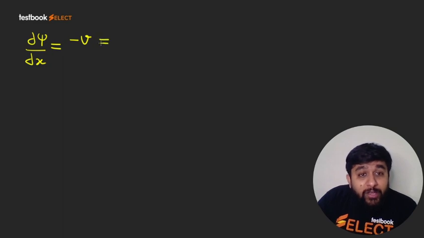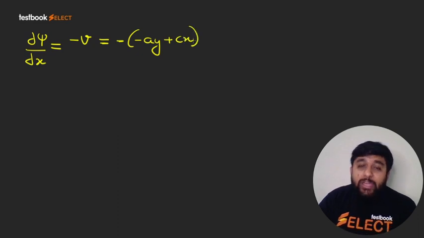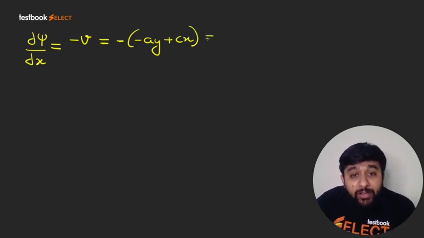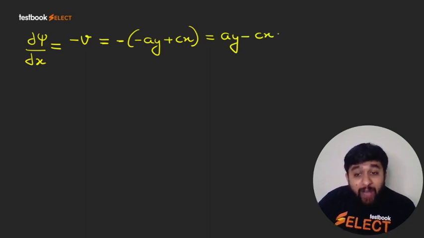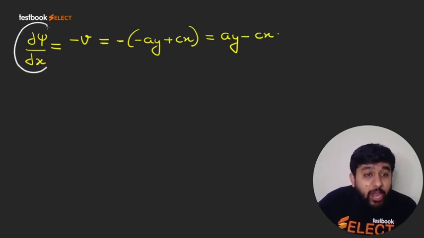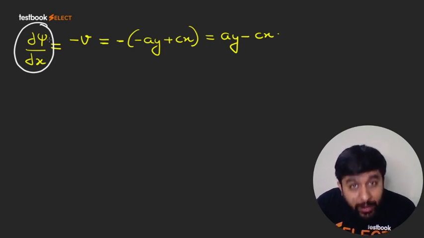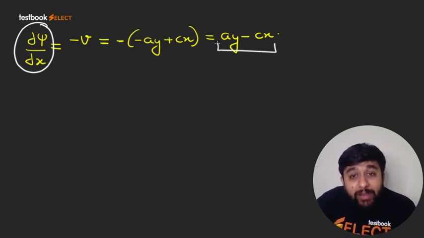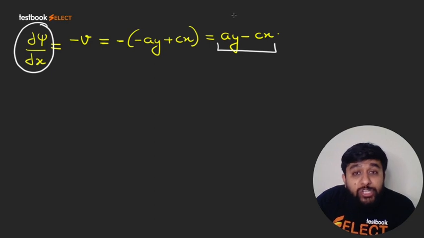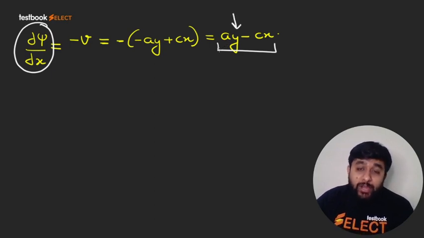So you will get the negative of minus ay plus cx, so you will get ay minus cx. If I partially differentiate psi with respect to x, I will get ay minus cx, and during this differentiation, y was treated as constant.